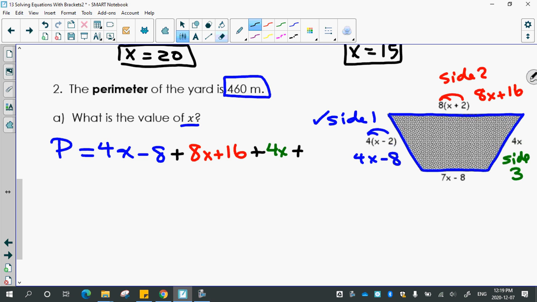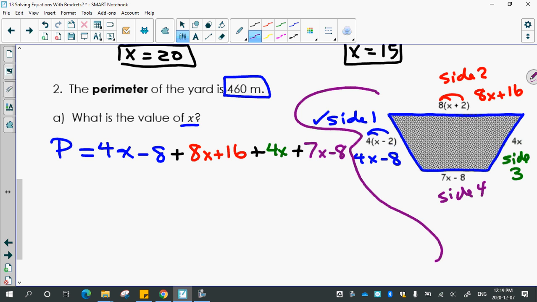And then my last side, hey Mr. Jigo, which is also written in its easiest form, 7x minus 8. It's my side 4. So if I do this, that would be your first line that you'd want to have written down.